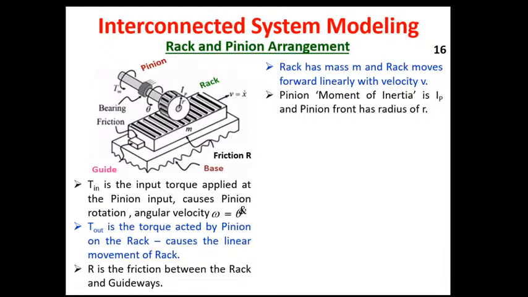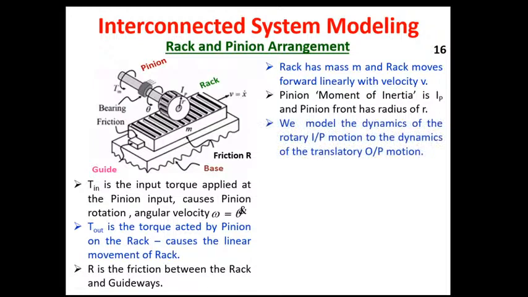One new thing: moment of inertia. The pinion, whatever is rotating, has a moment of inertia here. So the pinion moment of inertia IP is a function which is given by the radius R. The pinion has its front radius as R, so IP and R are related.